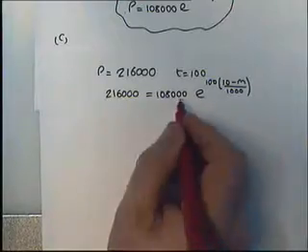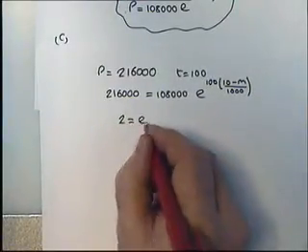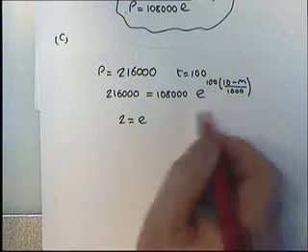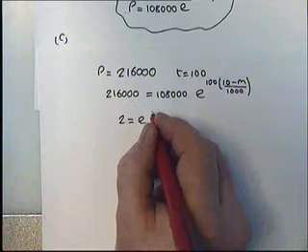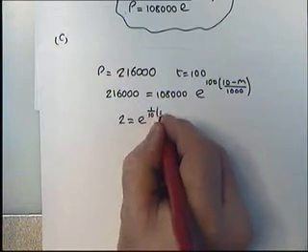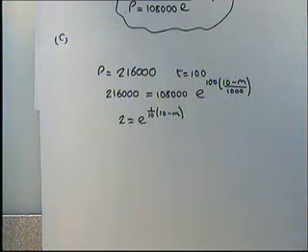But working through it, we're going to first of all divide both sides by 108,000, and we'll get 2 equals e to the power of, now we're going to divide the top there, 100 divided by 1,000 is a tenth of 10 minus m. So we just simplified it slightly. Now we're going to take the natural log of both sides.